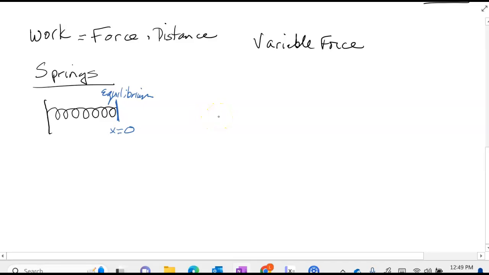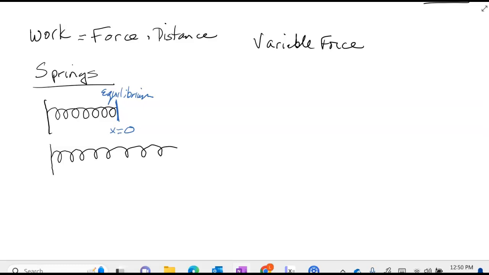So now, one of the things you can do with a spring is stretch it. Right? Let's do it underneath, actually. So I'm going to stretch my spring, really poorly. See, I stretched it out. And now it's stretched.